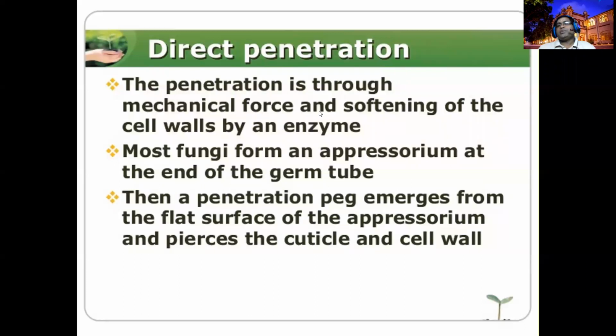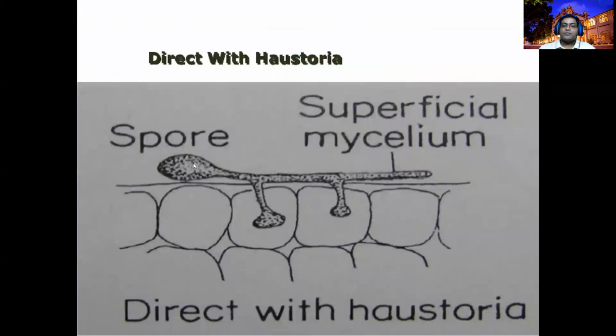So penetration is through mechanical force, and softening of the cell wall by an enzyme. Right? So for example, I am going again. This is a spore. This spore produces first a tube we call a germ tube.